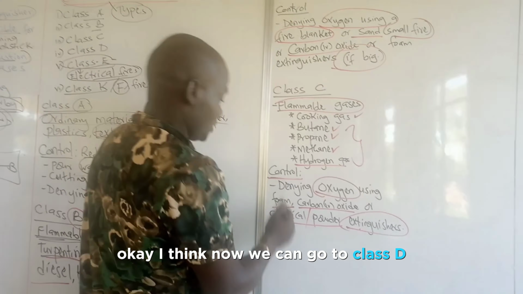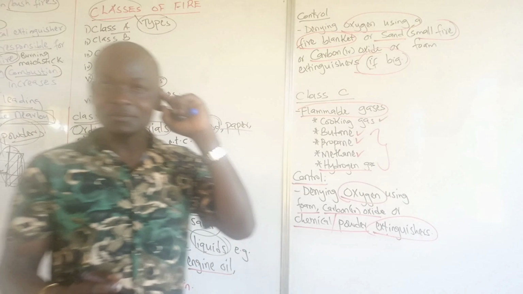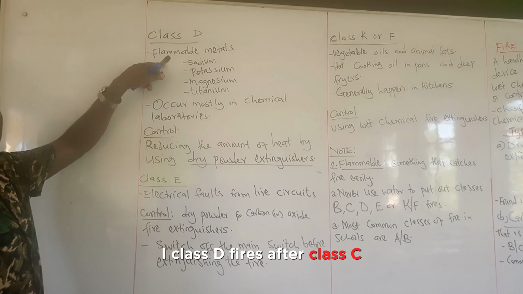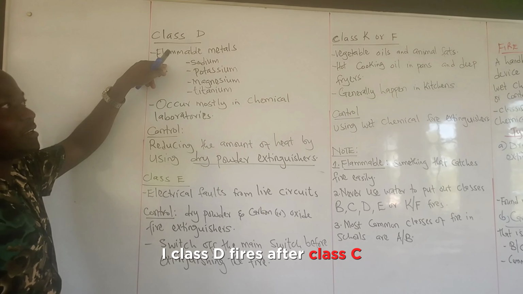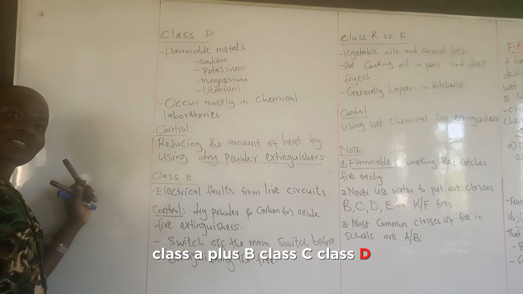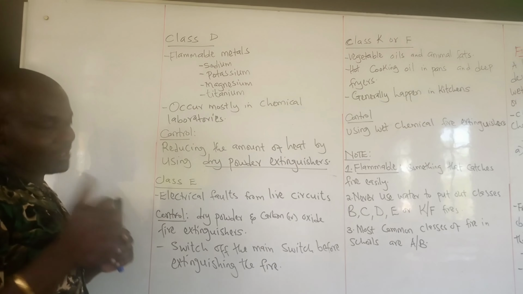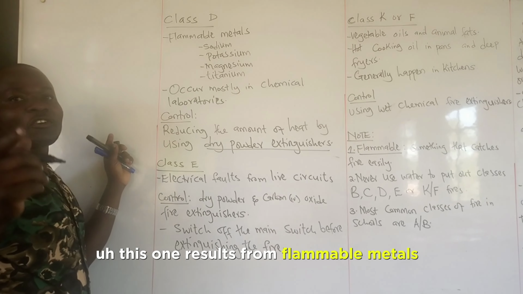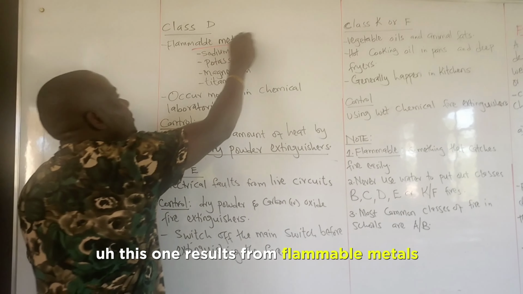Okay, I think now we can go to class D. Class D fires. After class C, these things are very simple. Class A, class B, class C, class D. Class D fires result from flammable metals.